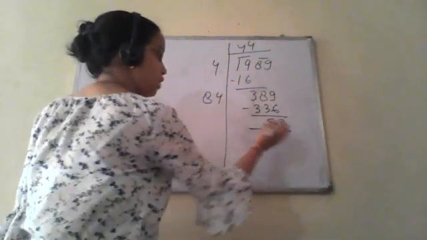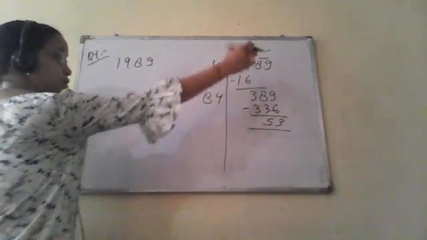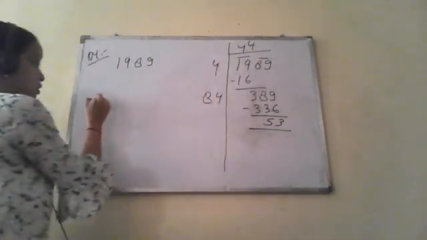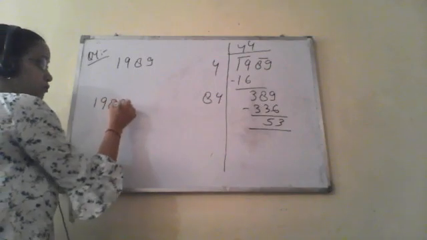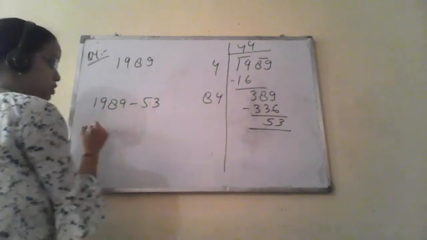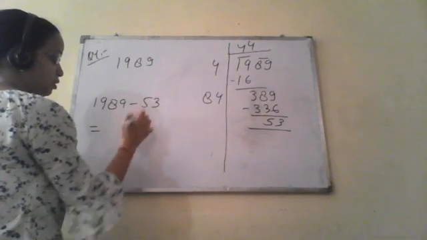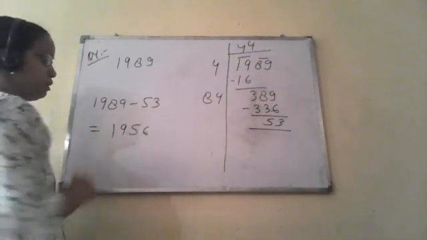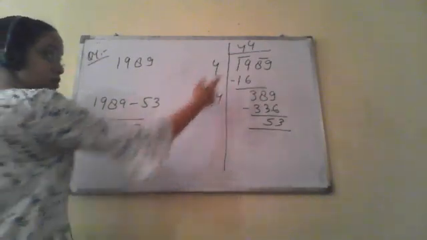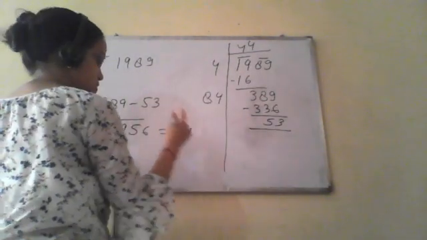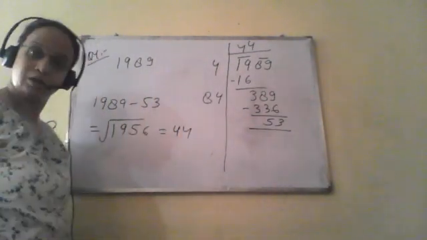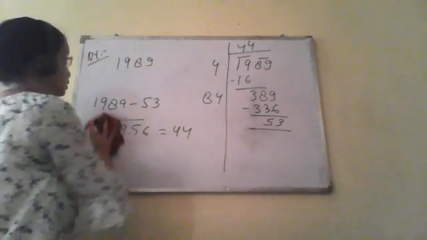So we have to subtract 53 from the original number, and the resulting number will be 1936, and the square root of this number will be the quotient, that is 44. I hope this is clear now.